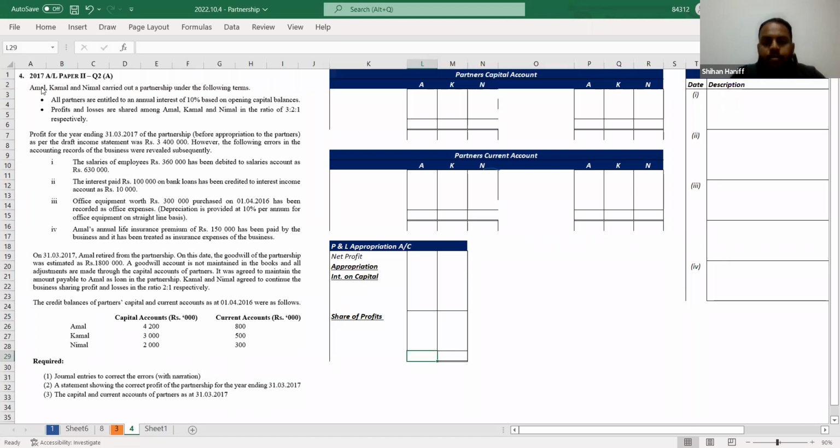Amal, Kamal, Nimal carried out a partnership under the following terms. The journal entries to correct the errors, statement showing the correct profit, and the capital and current accounts. Okay, I'll give 10 minutes. Can you all do this question?